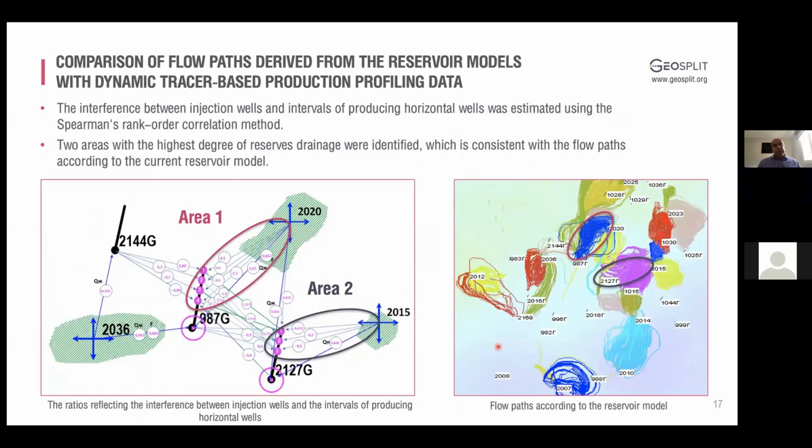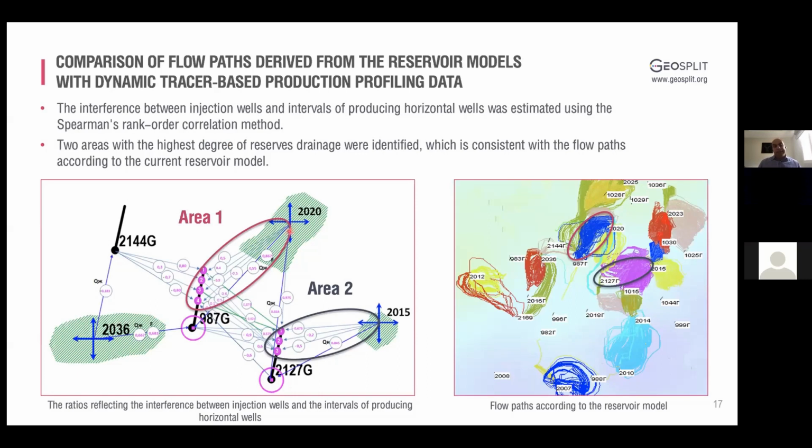So this slide quickly shows how one of the data-driven models was used. This is a Spearman rank order correlation method. Basically, this method uses injection profiles and production profiles between the injectors and producers in a certain cluster of the field.